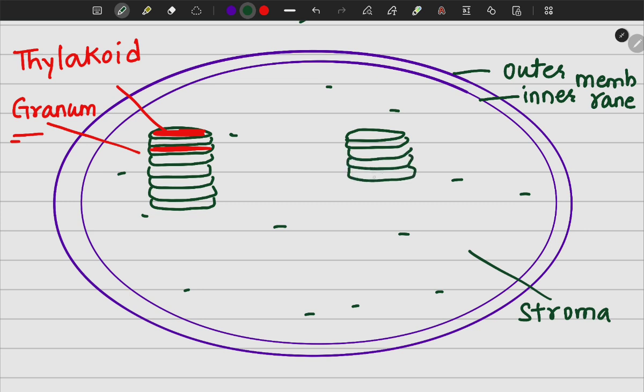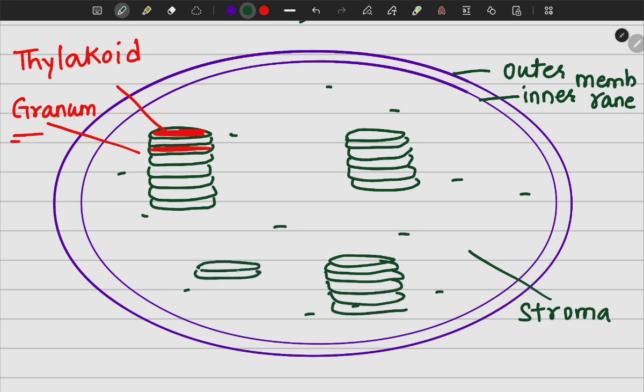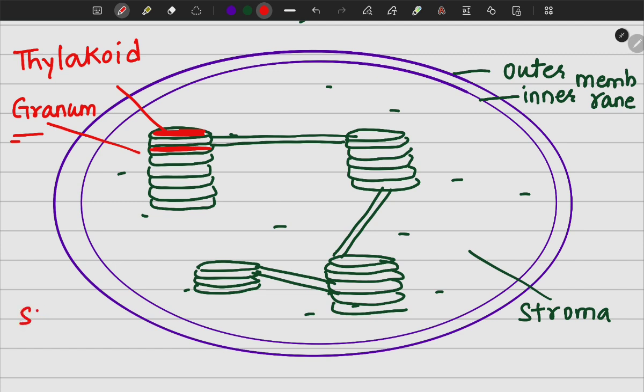They are distributed throughout the stroma inside the chloroplast like this. And these grana are connected to each other through stromal lamellae. The structures that connect two grana or all of the grana inside the chloroplast are called stromal lamellae.